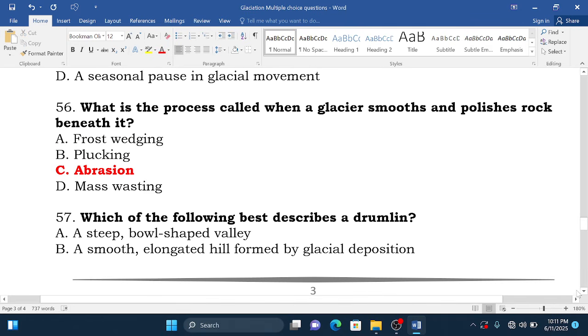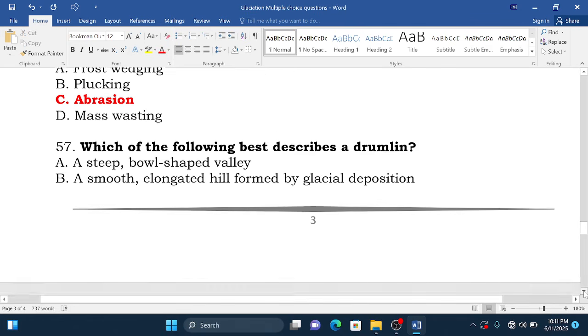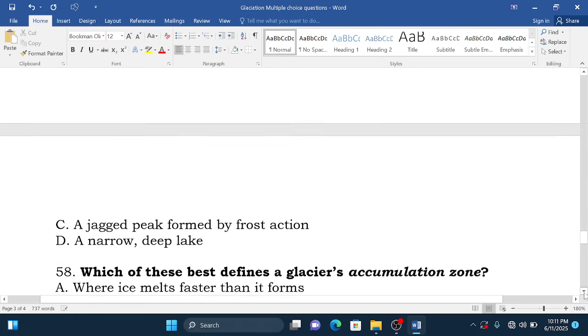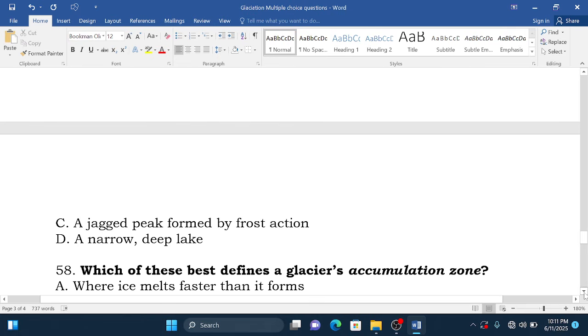We reach question number 57. Which of the following best describes a drumlin? A, a steep and broad valley. B, a smooth and elongated hill formed by glacial deposition. C, a jagged peak formed by frost action.